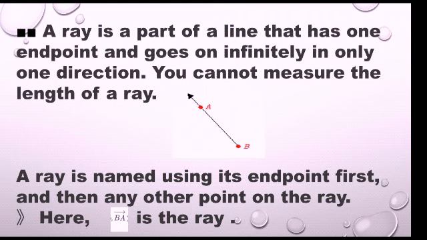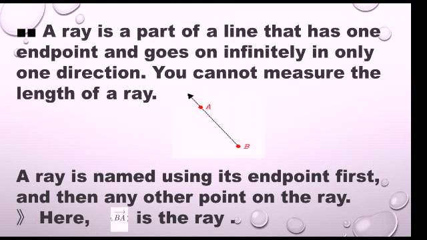The starting point is B here, and it can be extended towards A. That's why we have given the arrow on the A side. A ray is named using its endpoint first, then the other point on the ray. Here BA is the ray.